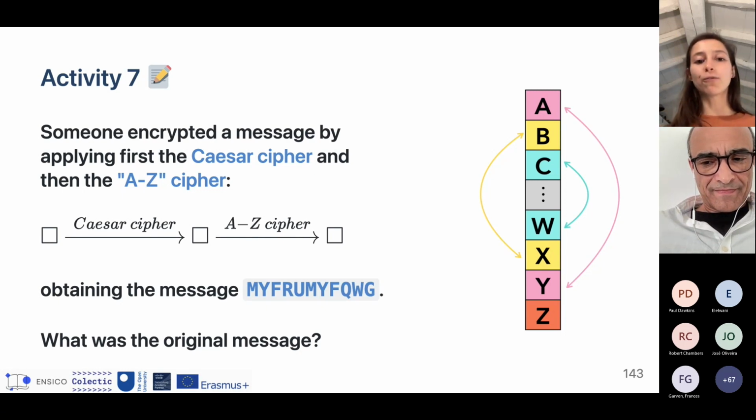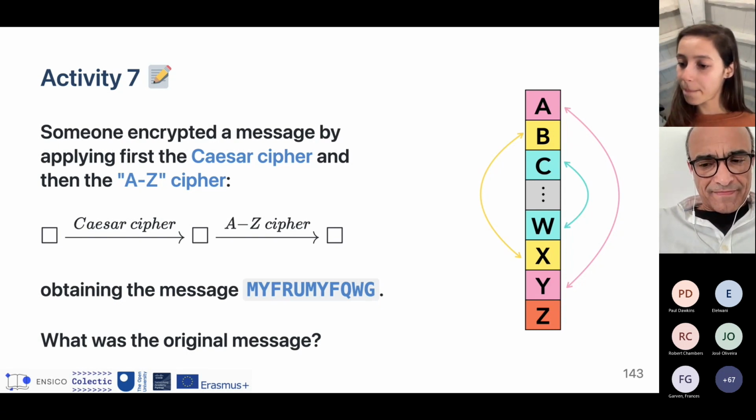And it's a really powerful tool, not only in mathematics, but also in computing, especially in the functional programming paradigm, okay? So first we do Caesar and then the other one.